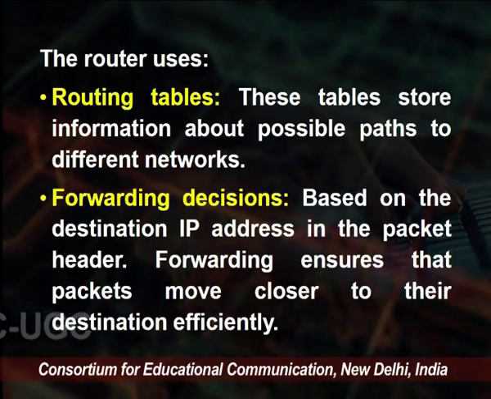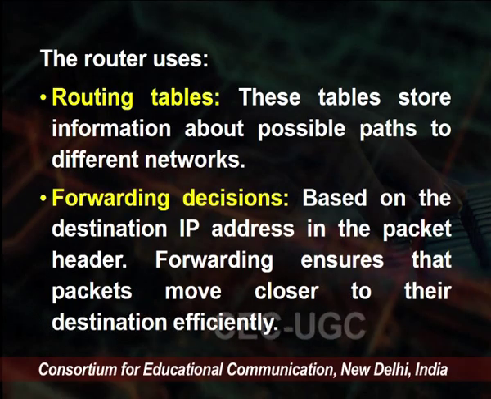So, when we say the router has to do the functionality of routing, in order to implement this functionality, your router is going to use two things. One is routing tables. These are the tables which store the information about the possible paths to the different networks. We will be talking about these routing tables in detail as well.